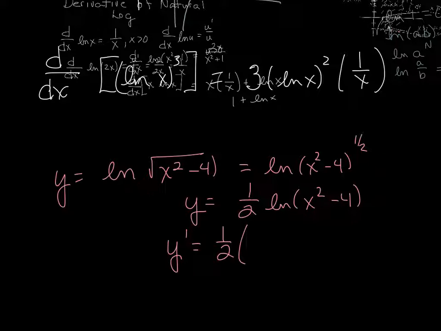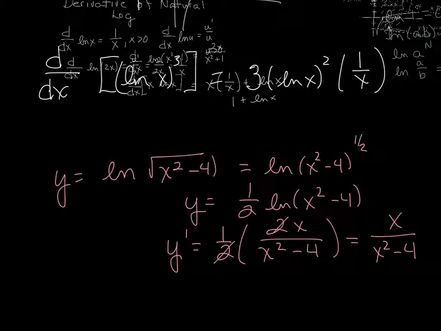Now how do I take the derivative of the natural log of x squared minus 4? It's 2x over x squared minus 4. And the 2's cancel. So we get x over x squared minus 4.